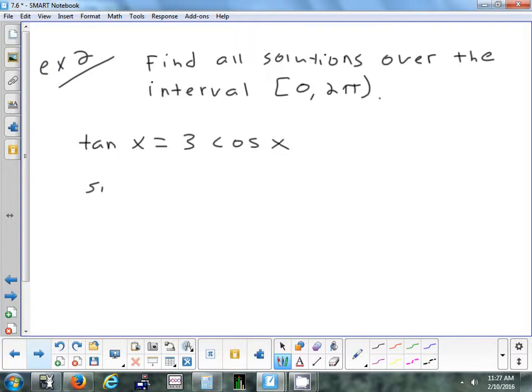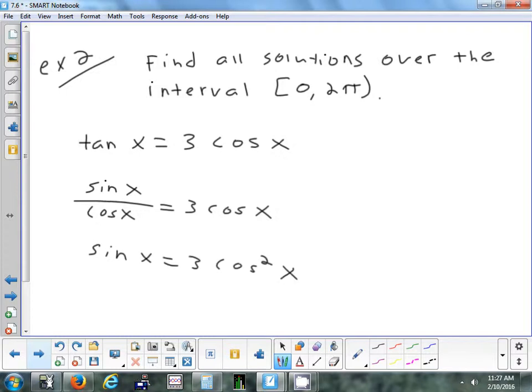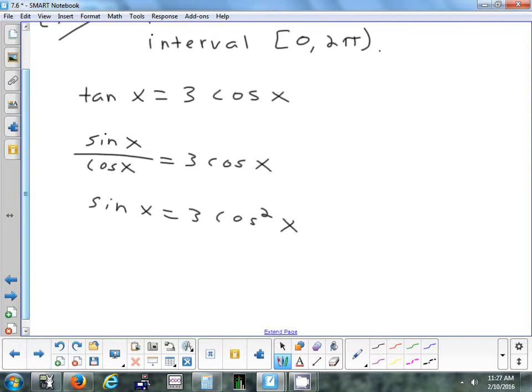Change tangent into sine over cosine. Okay, that's a good first step. Any thoughts where you would go from there? Yep. Multiply both sides by cosine x. And now it's just turned into a problem like we just did.